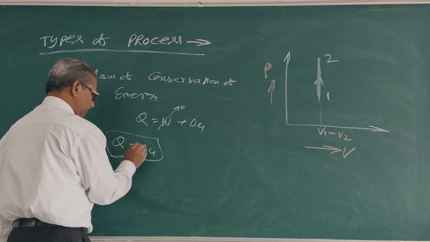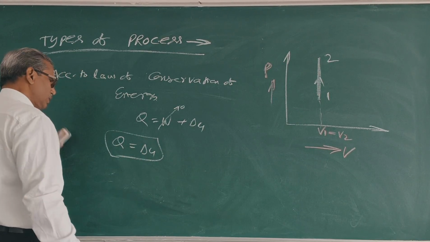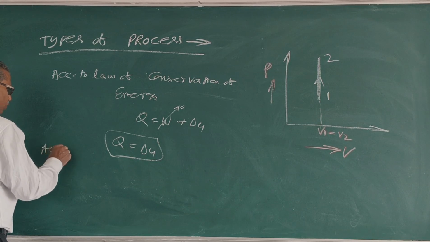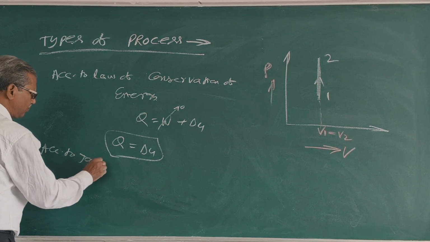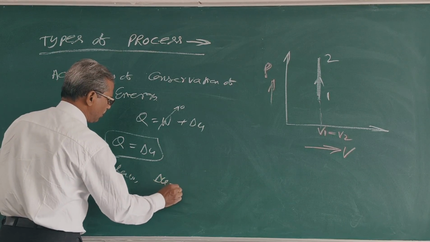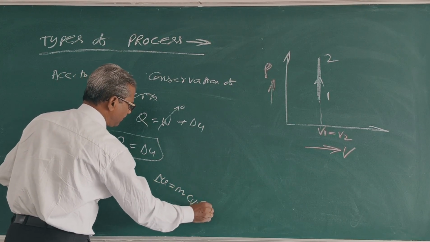Clear? We have already derived it according to Joule's law: delta U is equal to m Cv (T2 minus T1).